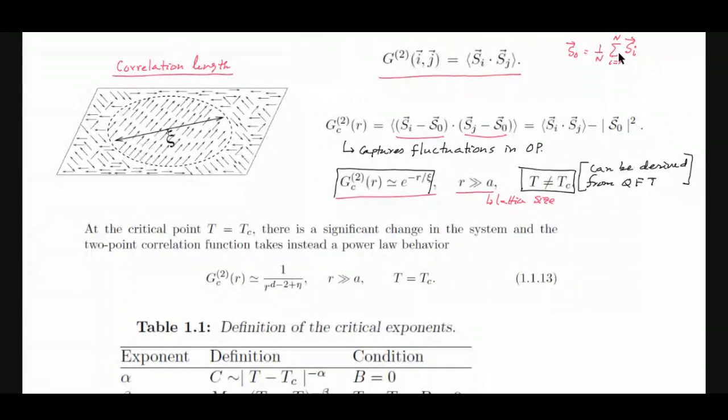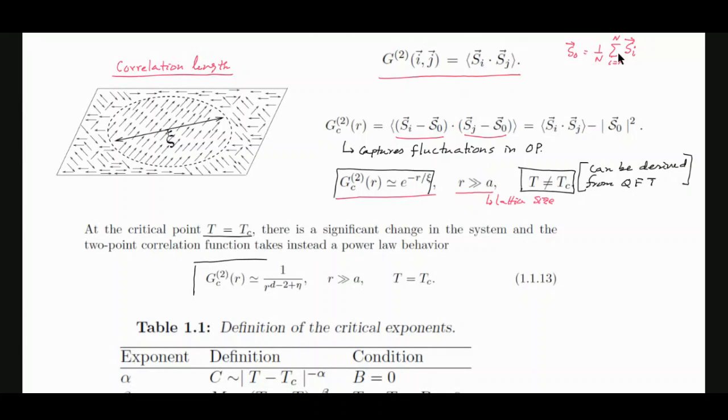And interestingly, at the critical point, what happens at T equal to Tc? There is a significant change in the system. You can see this is an exponential behavior, but at T equal to Tc, your 2-point correlation function takes a power law behavior instead.